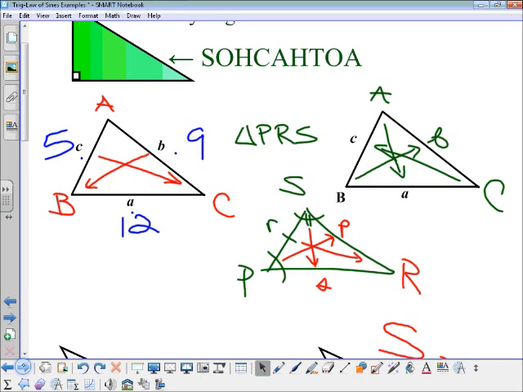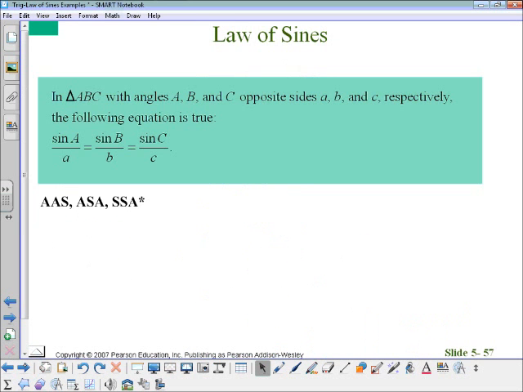Now, moving on. Let's look at our law of sines. In triangle ABC, with angles A, B, C, opposite sides a, b, c respectively, again, that's just the standard notation, the following equation is true. Sine of angle A over side a is equivalent to sine of angle B over side b equals sine of angle C over side c.